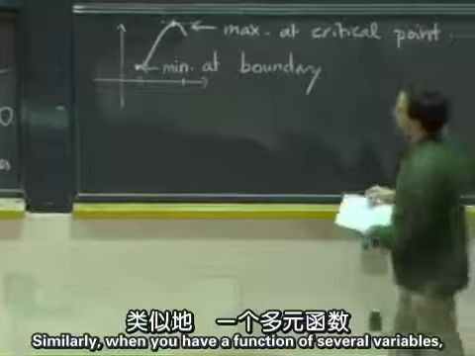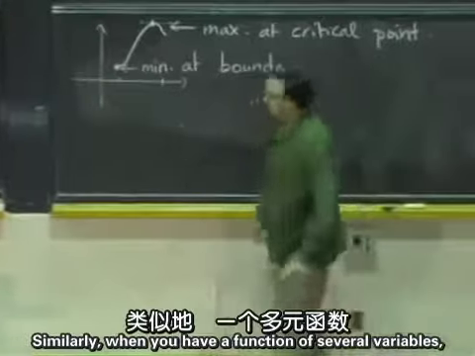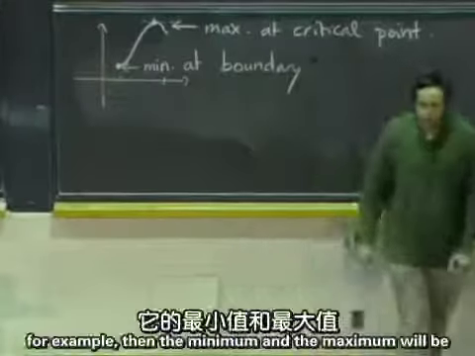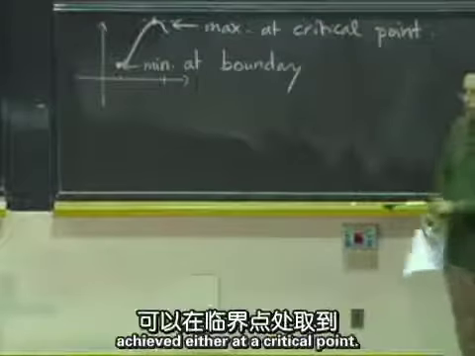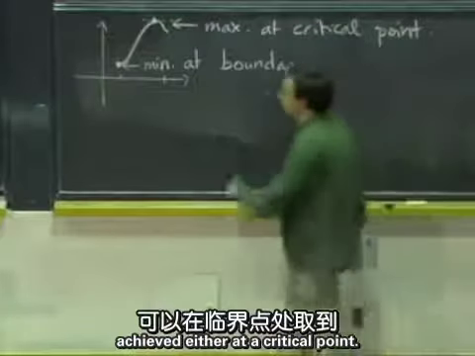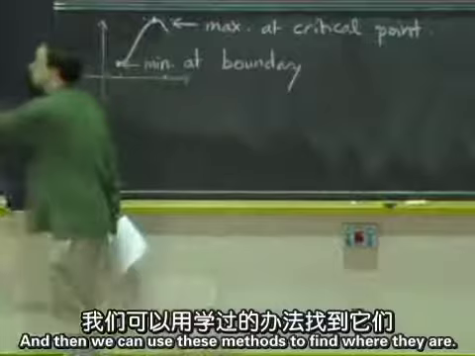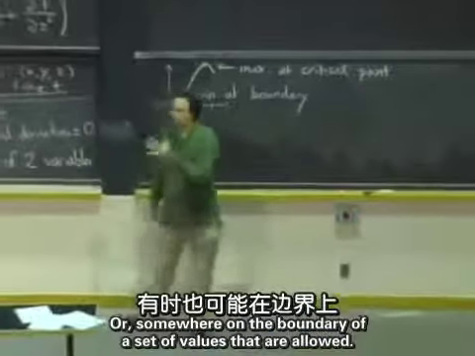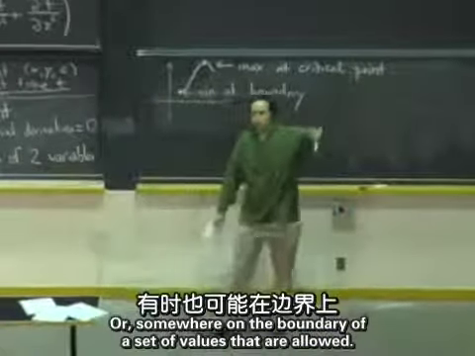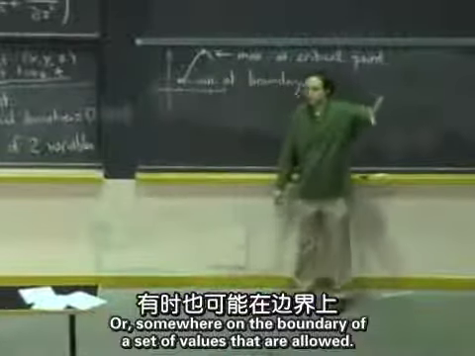So similarly, when you have a function of several variables, say of two variables, then the minimum and the maximum will be achieved either at a critical point, and then we can use these methods to find where they are, or somewhere on the boundary of the set of values that are allowed.